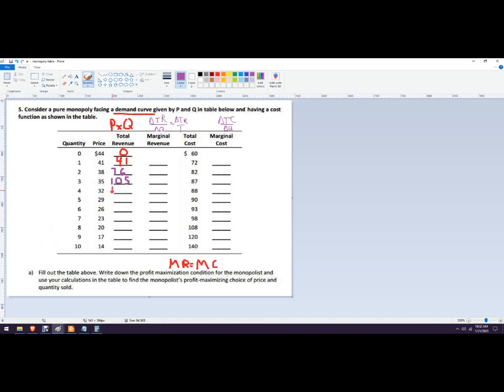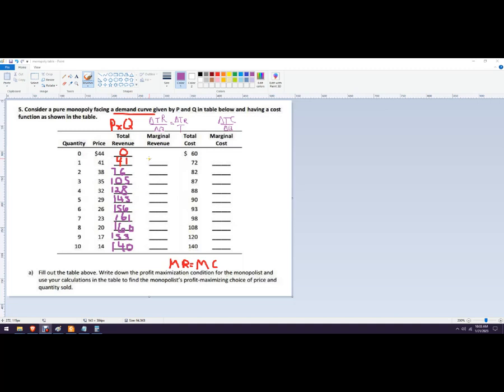I should have done one of those magic things where it just populates. 29 times 5, 145. Or I should have done this ahead of time and then just filled it in. Actually, I can do that. Watch this. Okay, and look, they're all filled in because I did it while I was paused.